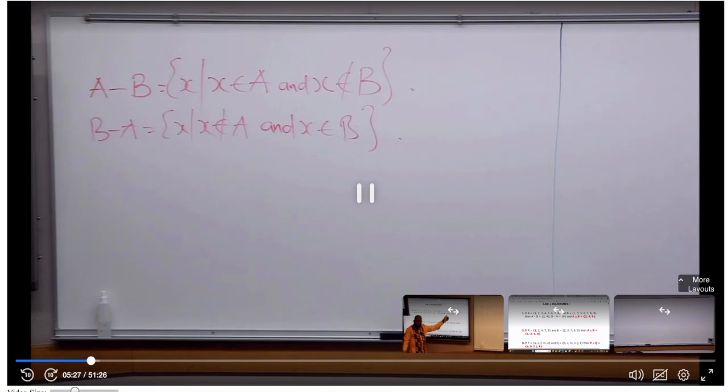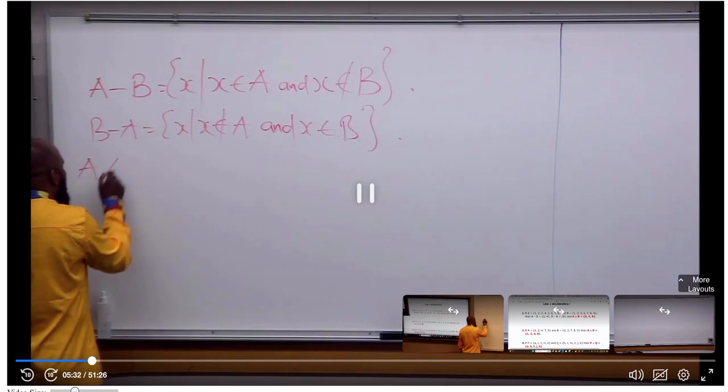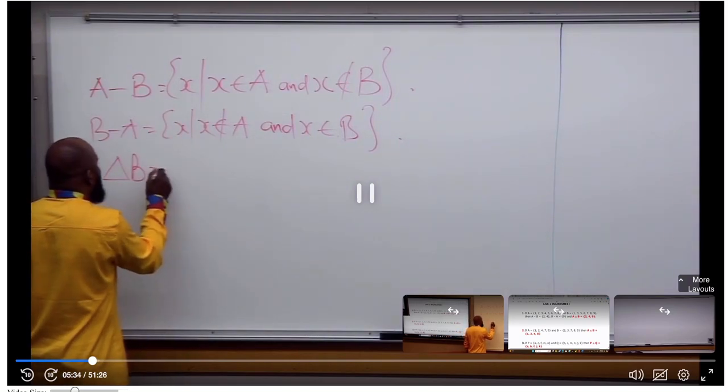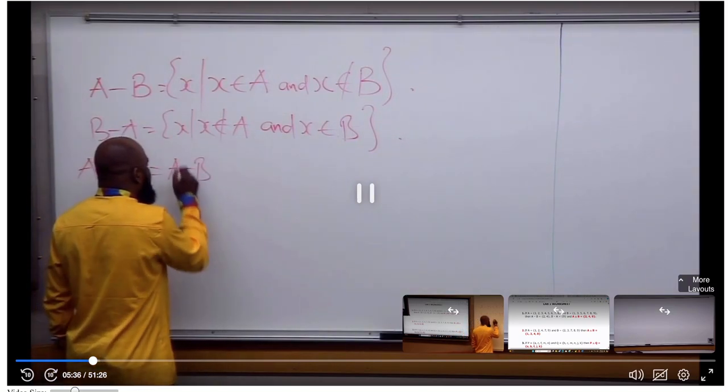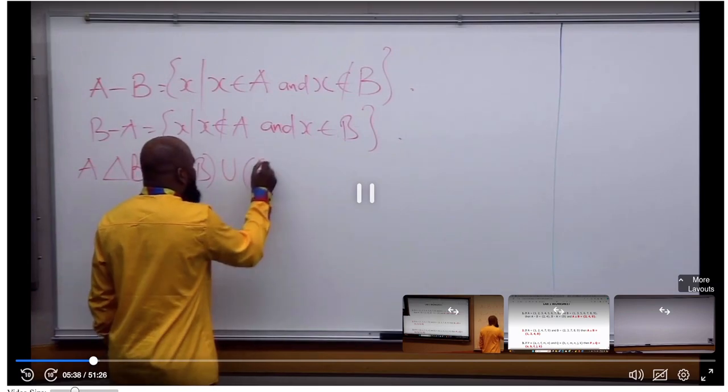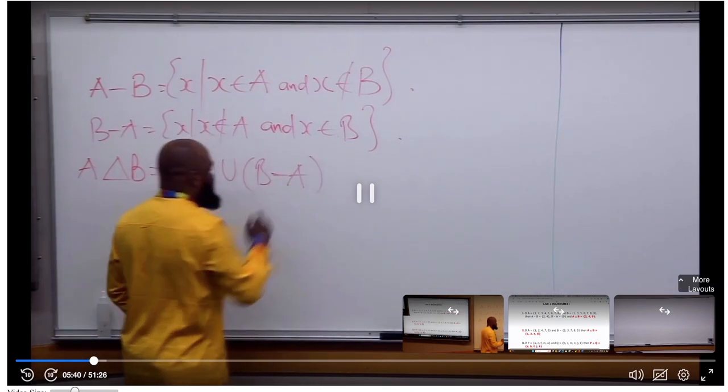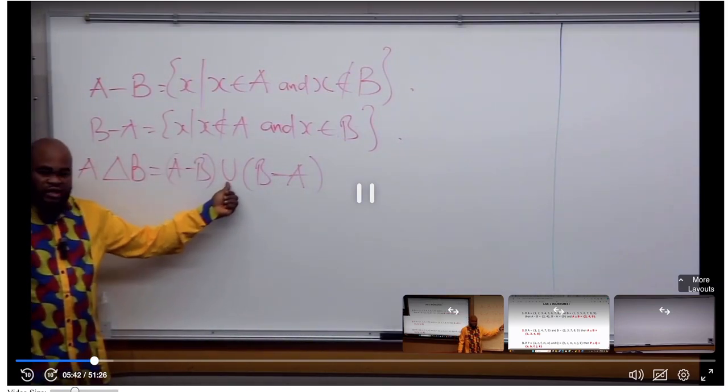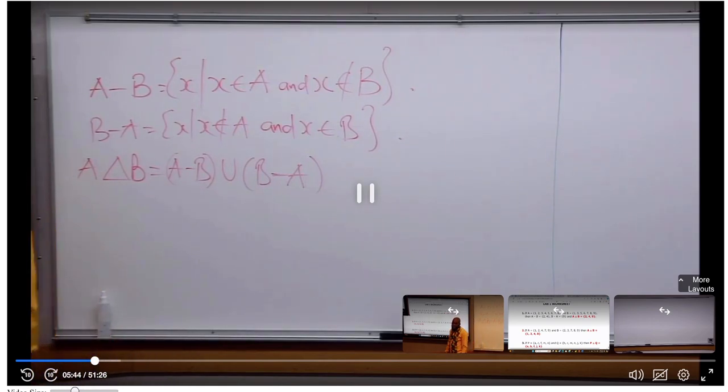The symmetric difference: A symmetric B is A minus B union B minus A. Of course, you take a look at the union, and that's going to be the list of all the elements here and here. You combine them, and that will give you that.